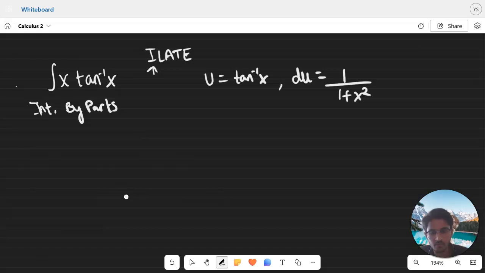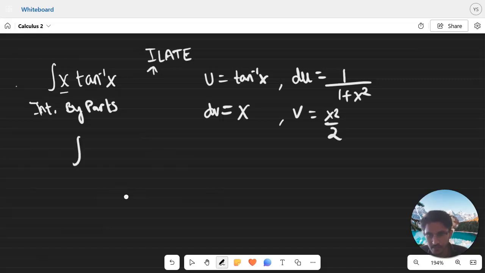The dv is what's remaining. Remember we put the dx, and then the x is going to be the dv. The integral of x is x squared over 2.